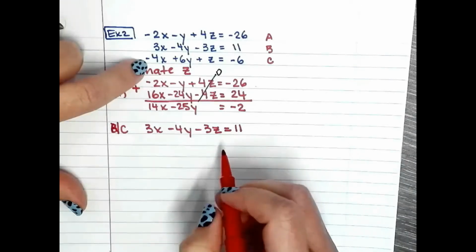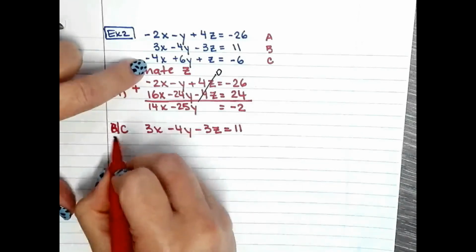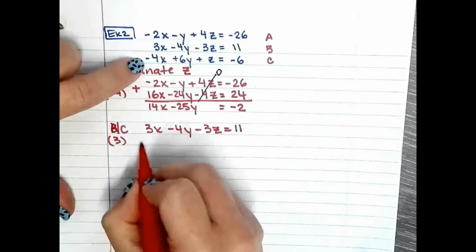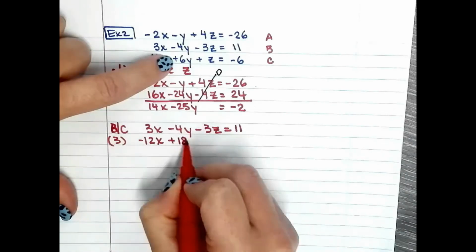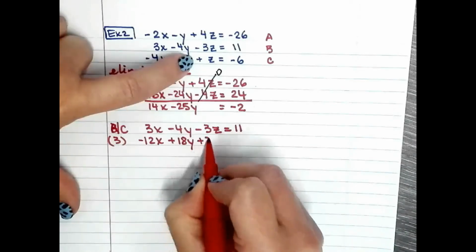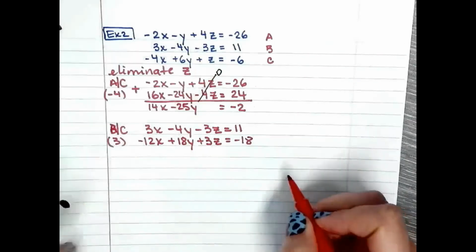And let's multiply C by 3. So I'm going to write 3 right there. Okay.